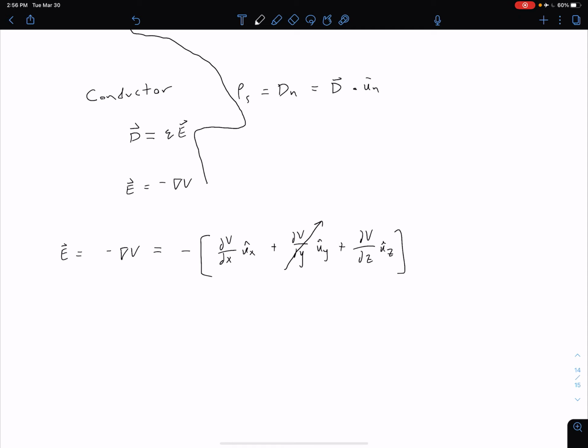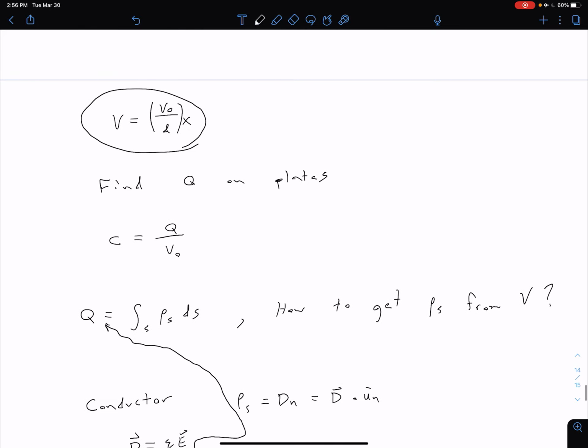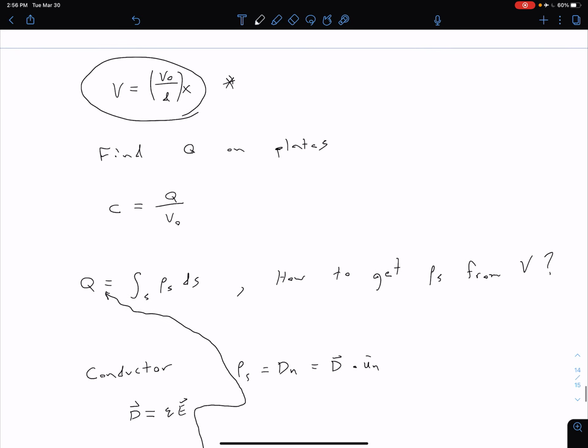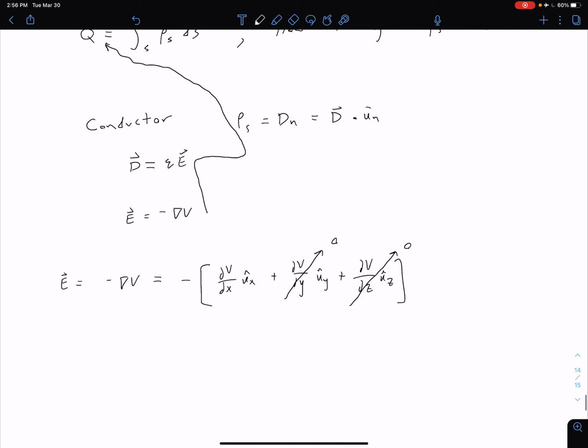Now, of course, these last two terms are going to go to 0 in this case because we only have x dependence in this voltage expression. And so that partial derivative just becomes a full derivative. Taking that, we can see the result is just going to be V naught over D. So this is going to give us an electric field of negative V naught over D in the x direction.